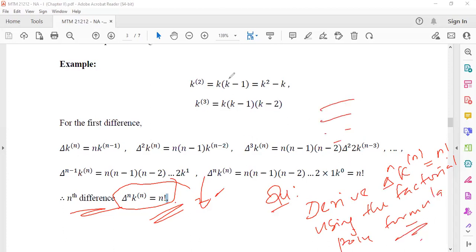So you have to write the formula of what is factorial polynomial, then what is delta k^n, and this and that. Okay, so this will be the question, this will be the answer. So I gave the question also. So when you're studying, you study in that way.